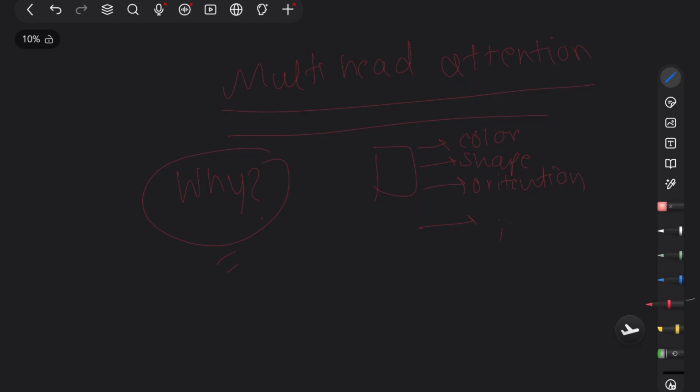So we need to introduce multi-head attention, which would allow the model to see that particular patch from different dimensions and make the model sophisticated enough so that when a user inputs an image that is really hard to understand, the model would be able to understand it. So this is why we need multi-head attention. So how do we achieve multi-head attention? Let me show you. Let me go back to a process.